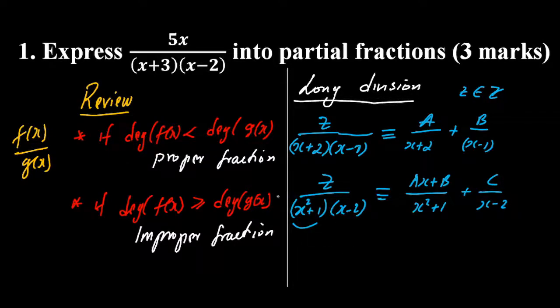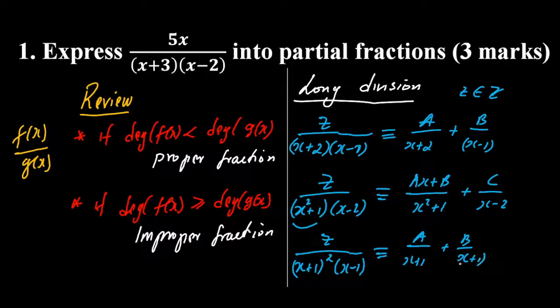And finally, the last condition, if we have, let's say, z divided by (x plus 1) all squared times (x minus 1), this is equivalent to a divided by (x plus 1), plus b divided by (x plus 1) all squared, plus c divided by (x minus 1).